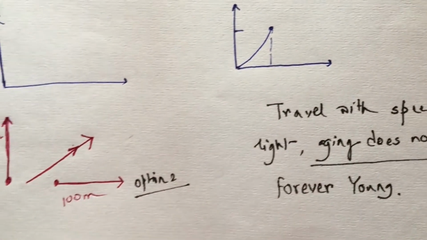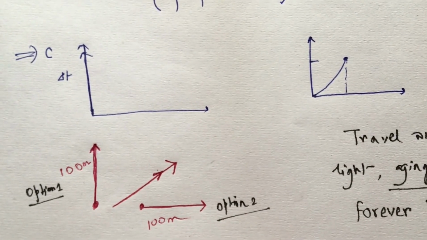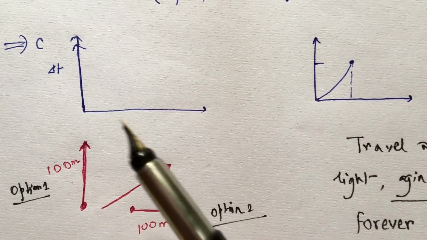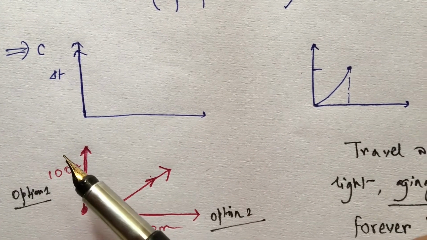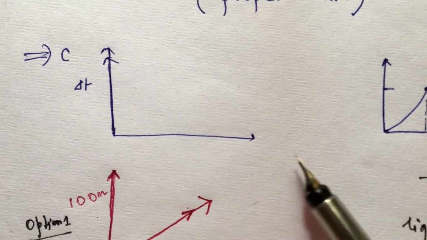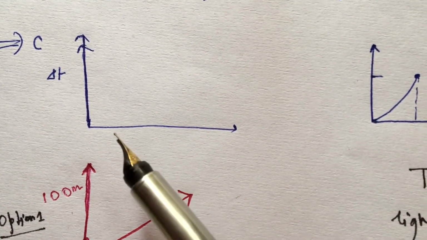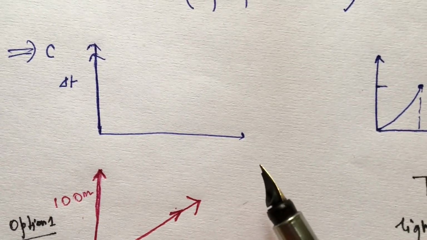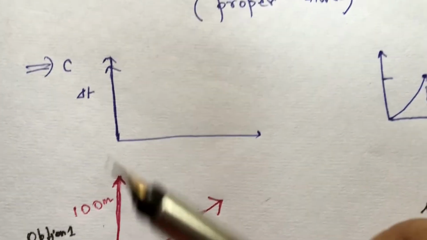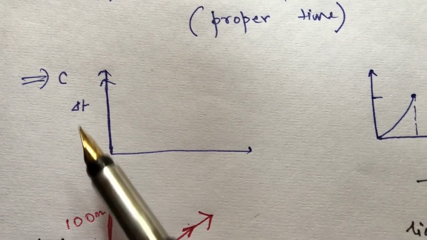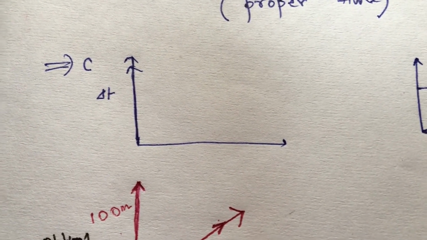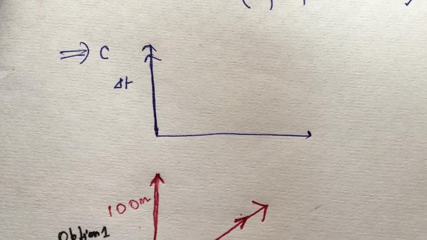Now how can I divide the portion of the velocity between space and time? Suppose it is not at all moving along the x axis. So it's moving only in the time axis with a time interval of delta t. This is the proper time, and that object is moving with a speed of c.